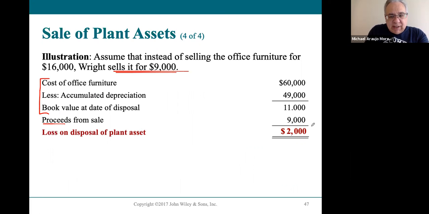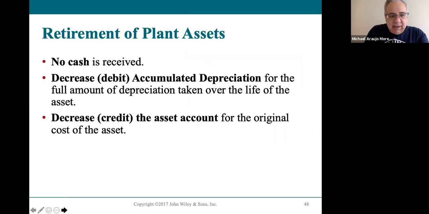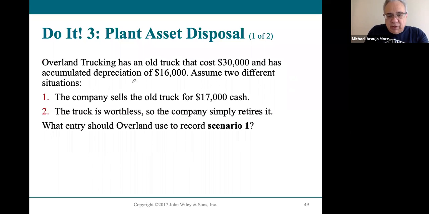So that means that they need to recognize a $2,000 loss on the disposal of this office furniture. Losses get recognized on the income statement. Okay, and that's basically, again, we don't need to do much of any accounting on this. It's really conceptual and understanding what happens to it.